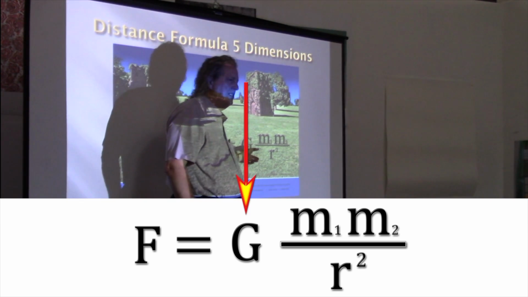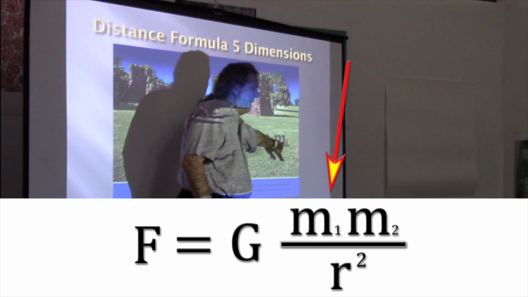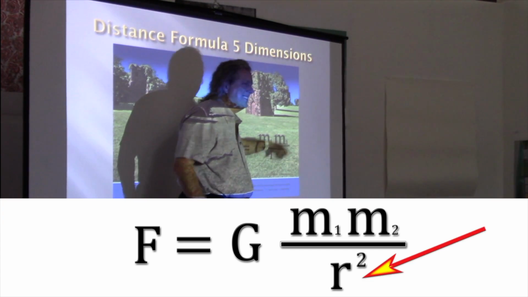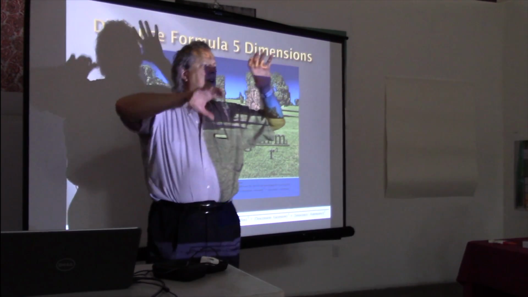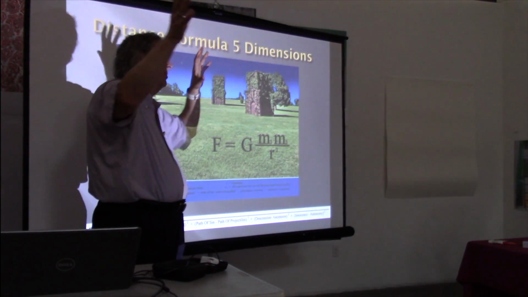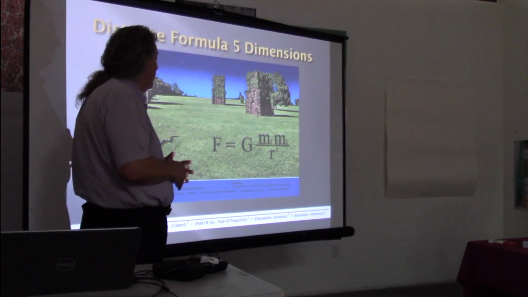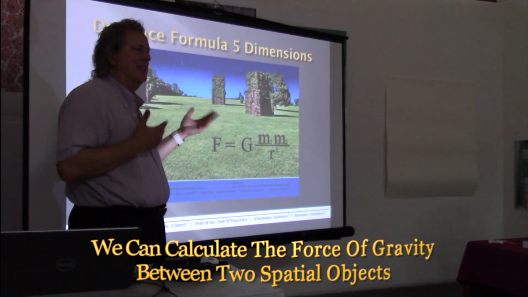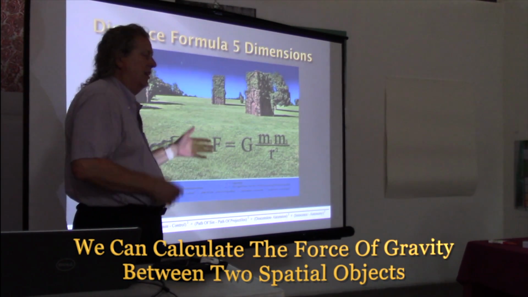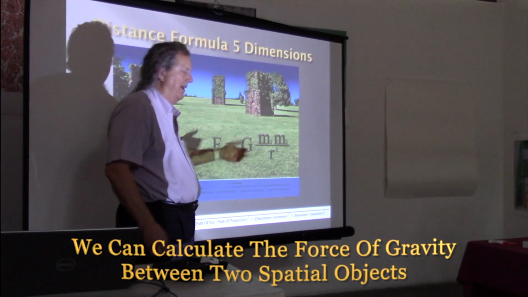This is the gravitational constant. These are the masses of two bodies, and this is the distance between those two bodies. Like if we were talking about the sun and the moon, or the sun and the earth, we can calculate the gravitational force using Newton's equation here.